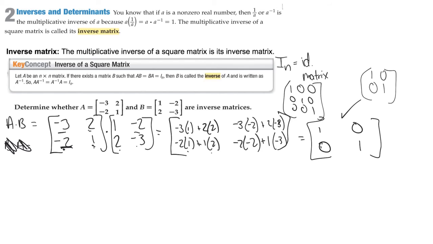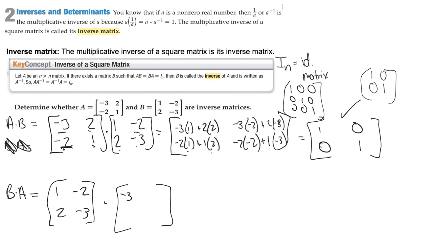We're not finished, we just need to go ahead and do B times A. And if that one also comes up with the identity matrix, then they are inverse matrices of each other. Let me make these boxes a little smaller. All right, I'm swapping them now because we're doing B times A, so 1, negative 2, 2, negative 3, negative 3, 2, negative 2, 1. So I'm doing 1 times negative 3 first, plus negative 2 times negative 2.